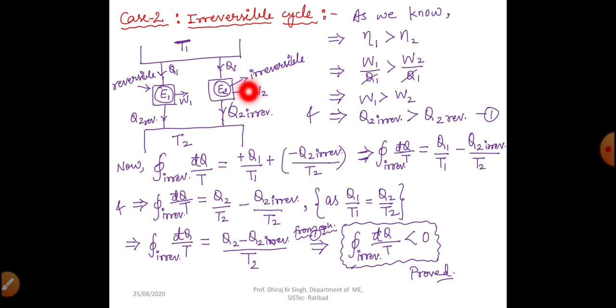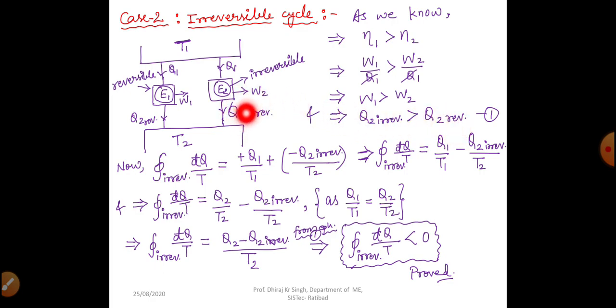So that means if W1 is more, then Q2 reversible is less than Q2 irreversible, because if you are producing more work, then less heat is rejected, and if you are producing less work, then more heat is rejected here, right? So by understanding this, we can write Q2 irreversible is greater than Q2 reversible.